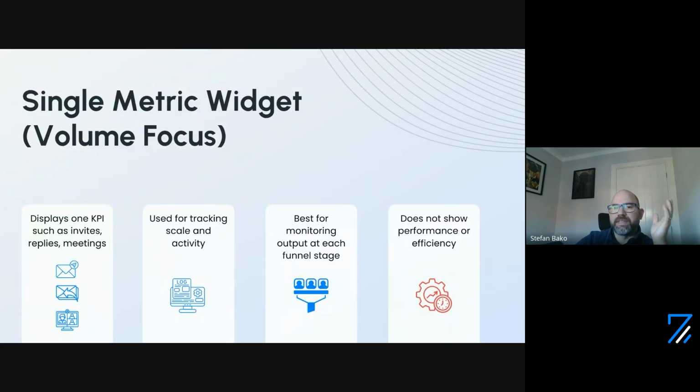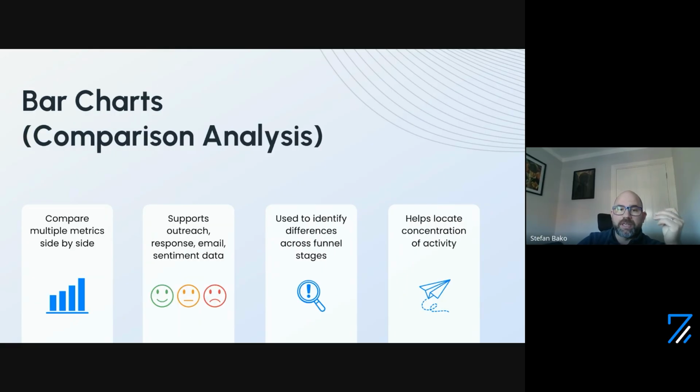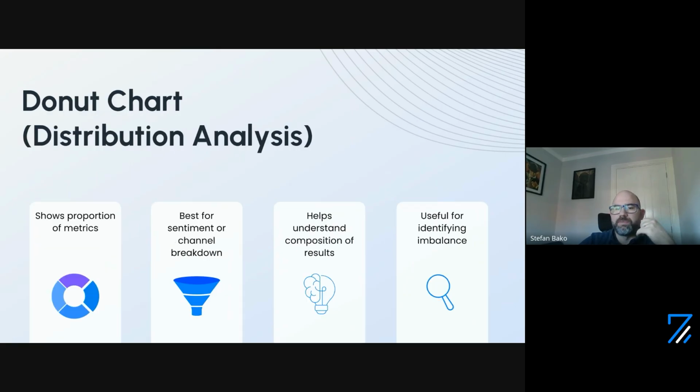You have the single metric widgets, which show you scale, how much activity is happening. You have the progress rings, which show efficiency and how well the activity performs. Bar charts allow you to compare different metrics or segments. Donut charts show you distribution and how results are split.